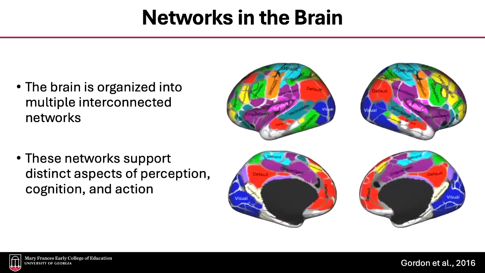And so each of these networks can support distinct aspects of perception, cognition, action. So for example, attention, motor planning, understanding of others. Just an example, one of the common networks we talk about is called the default mode network, here in red, which combines some of these integrated regions.